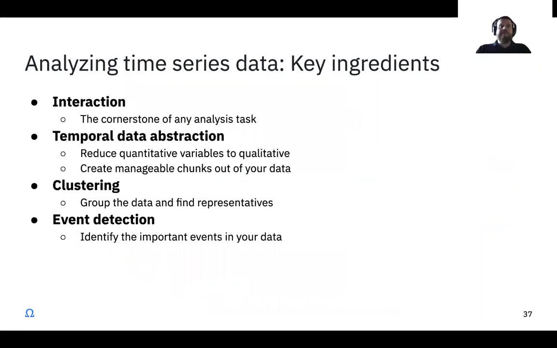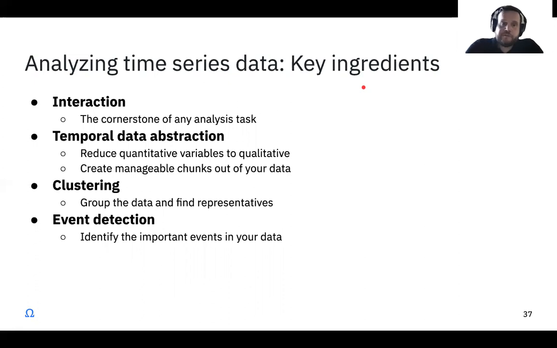So when we are analyzing time series data, the key ingredients, well, A is interaction. It often helps users if you add interaction so that they can highlight the point in time they're interested in, and then the visualization reacts to this. They can maybe select 2 points and compare them in possibly a subview.